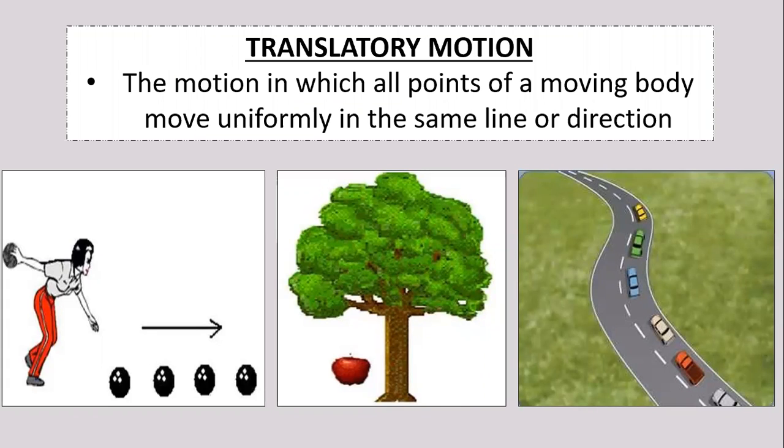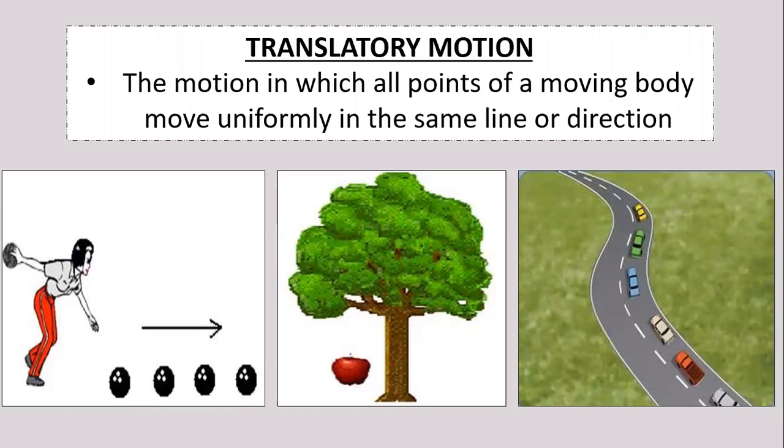In translatory motion, the body moves along the line without any rotation, and the line may be straight or curved. By line, I mean the path. The path can be straight or curved. In the first picture, the ball is following the straight path while rolling away.